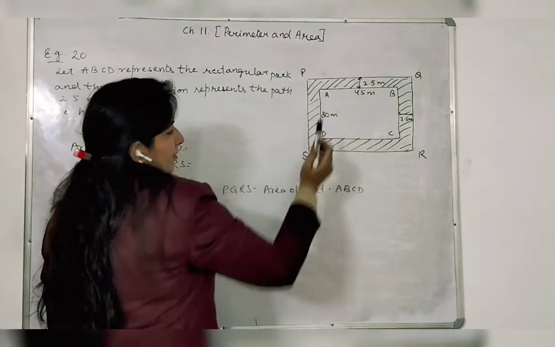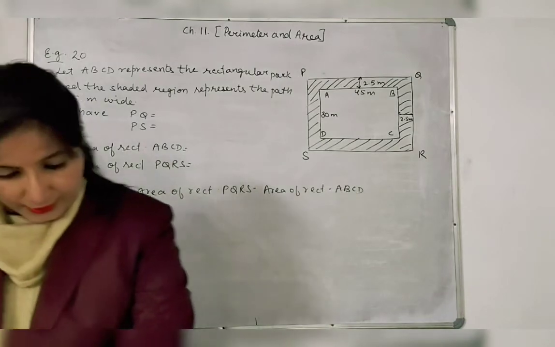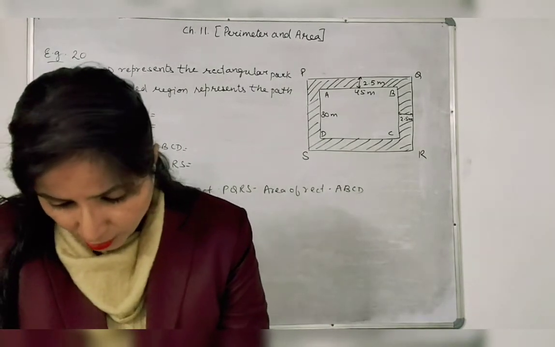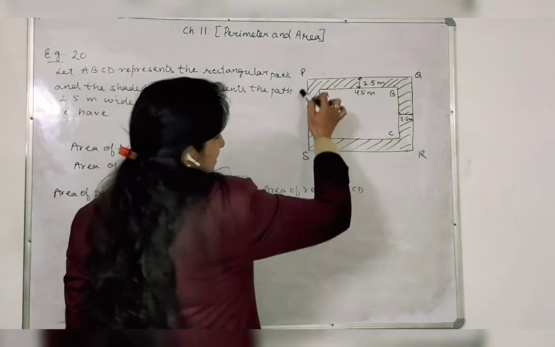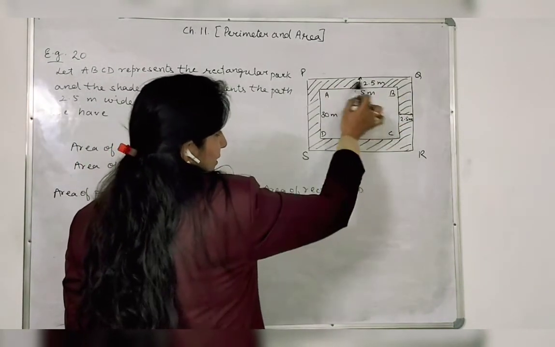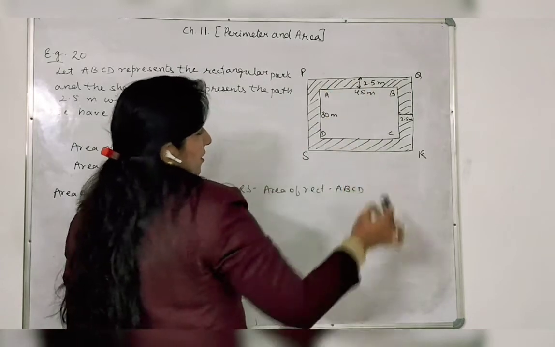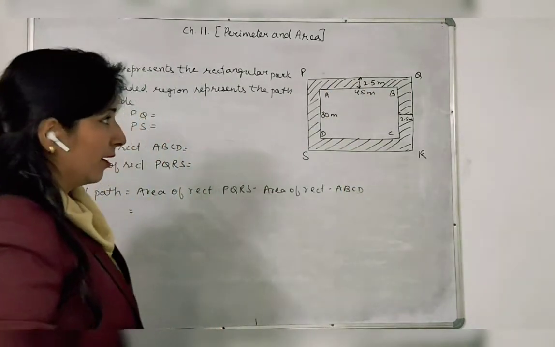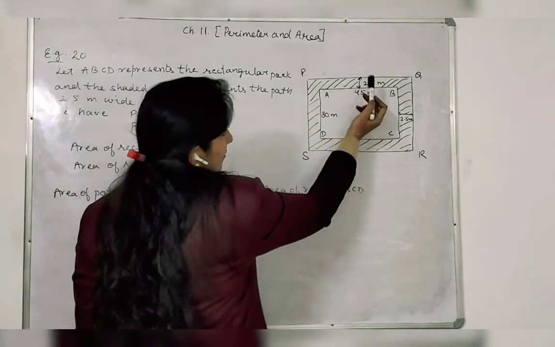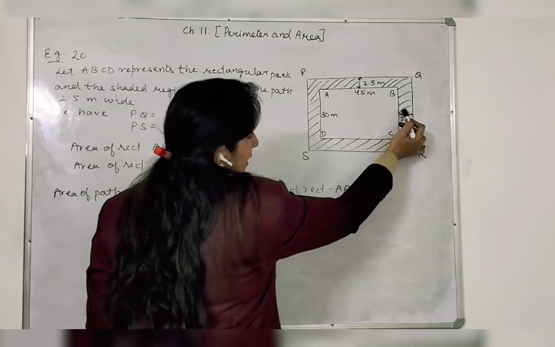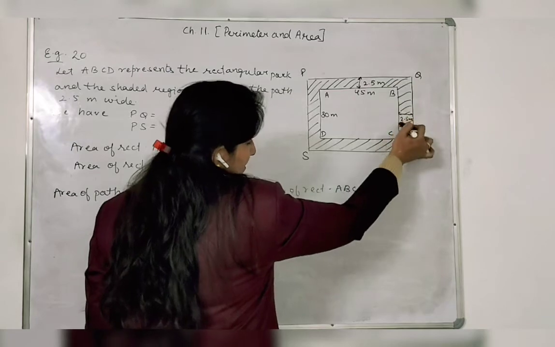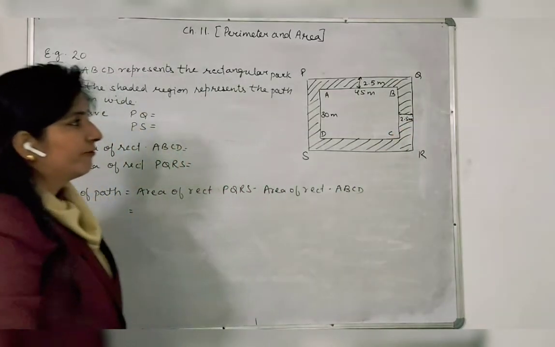The length is 45 meter and the breadth is 30 meters. Now there is a path constructed outside this rectangular park, of width 2.5 meter, meaning this width of the path is 2.5 meter, and the same width towards the breadth side also, that is 2.5 meter.